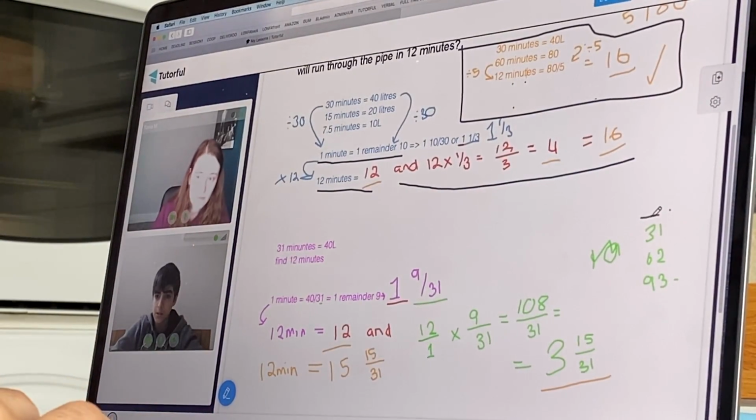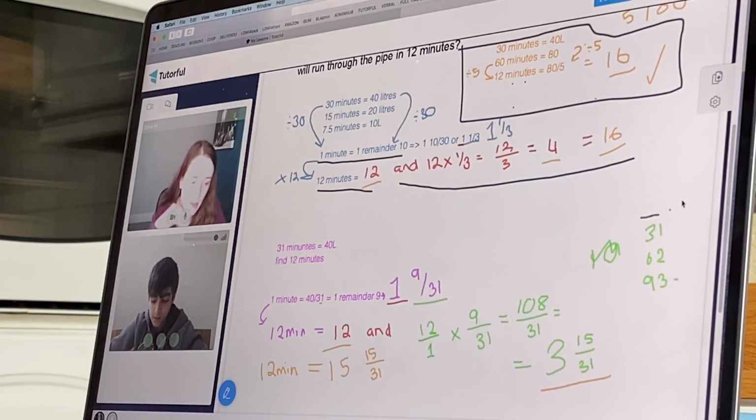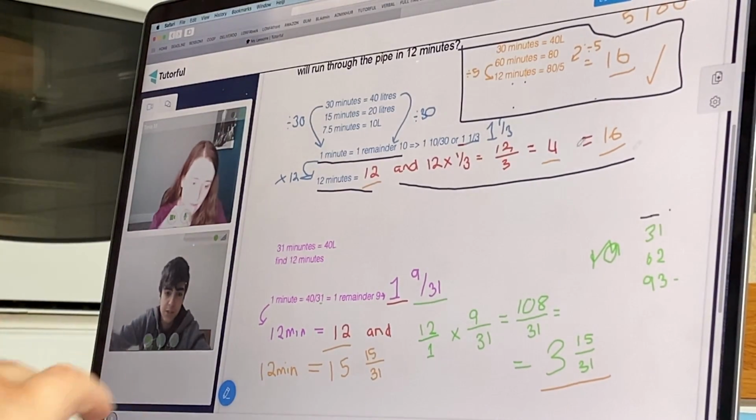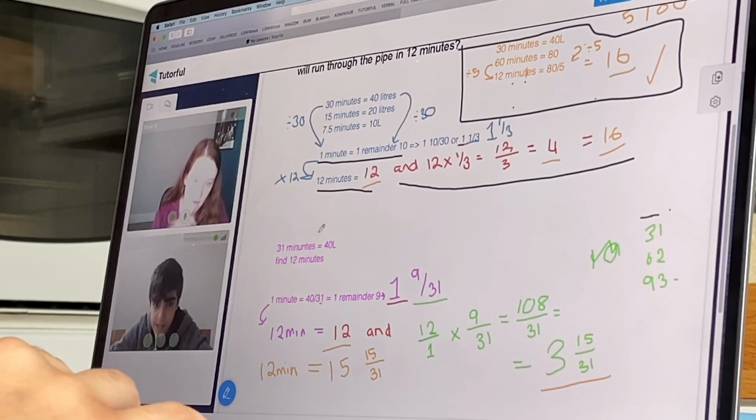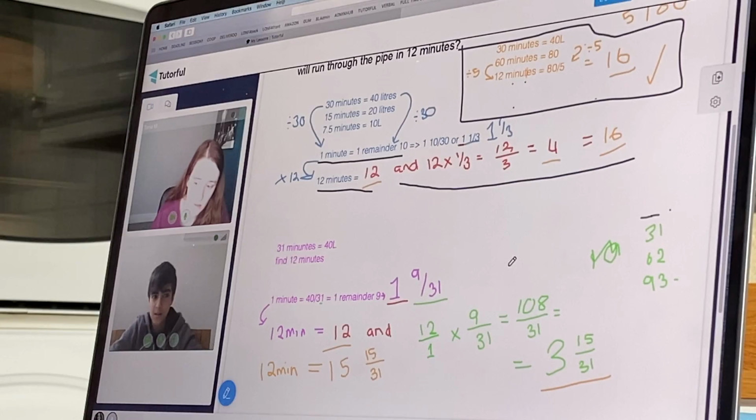The orange way is slightly easier, but only if it's got an easy number to divide it by. This way that we've done right now is easier for non-even numbers, for numbers that you're going to struggle to do the orange way, because there's no easy numbers that divide into it. Happy with that?